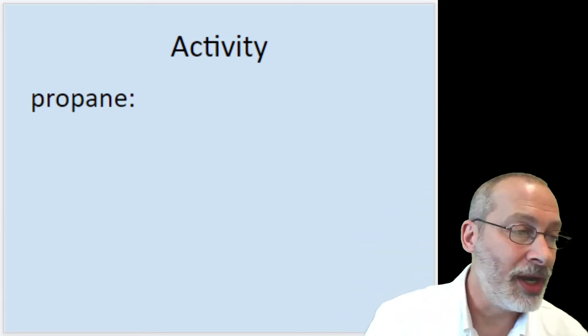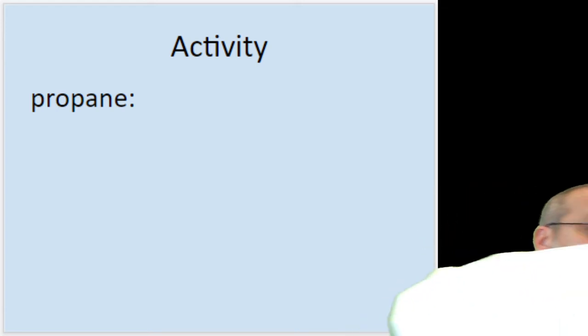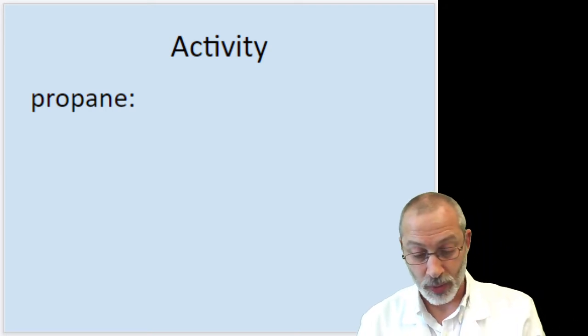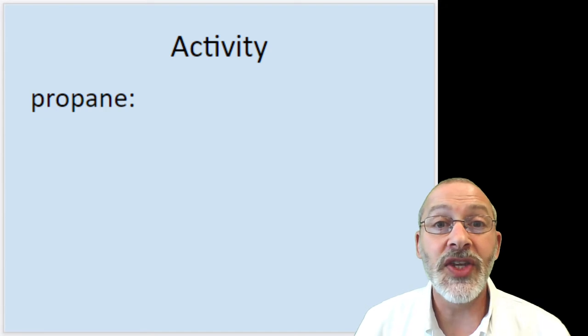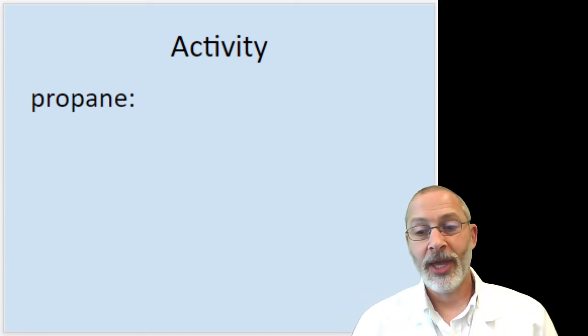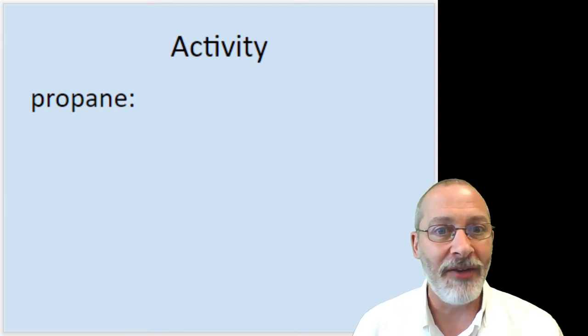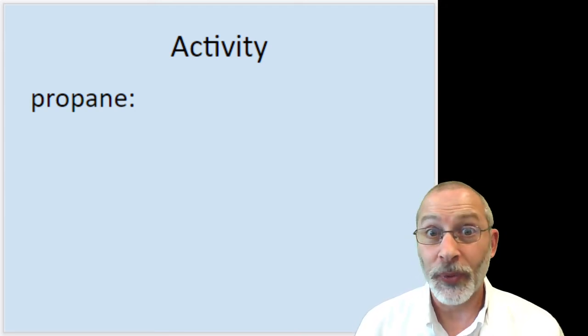Our next one is propane. While I'm building the model, because I know what it should look like, you tell me. Look at the prefix prop. How many carbon atoms should we have in propane? Everybody, three.